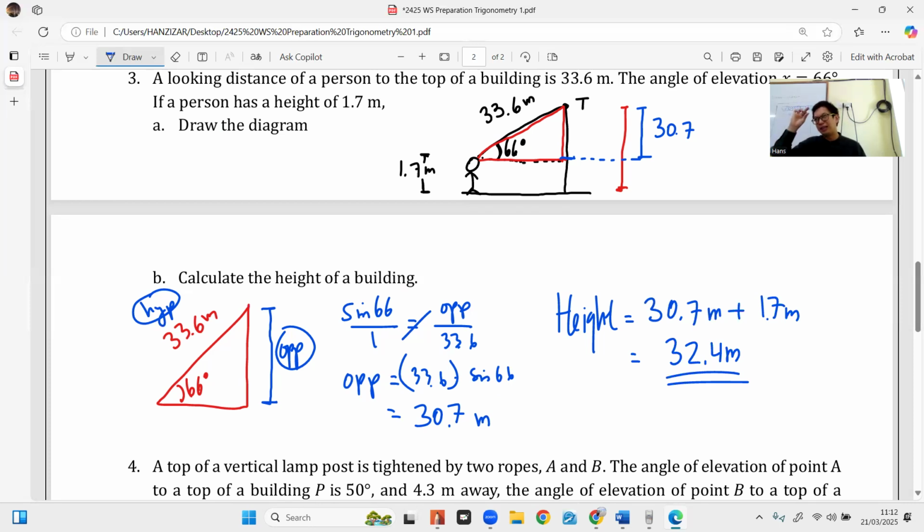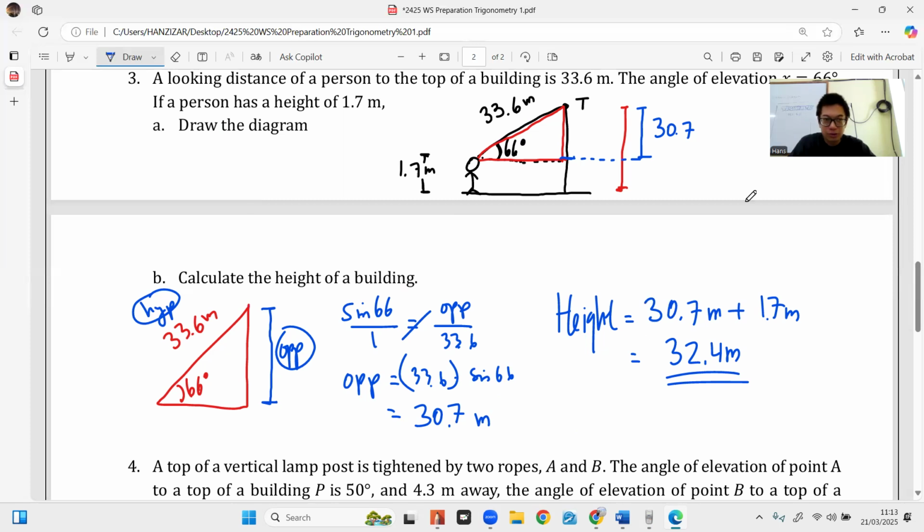So we ignore the slightly different distance from our head to our eyes. We are not considering this. We are assuming that it is the same. Make sense? The height of the person is almost the same as when they look up, so ignore the difference of the height of your forehead.